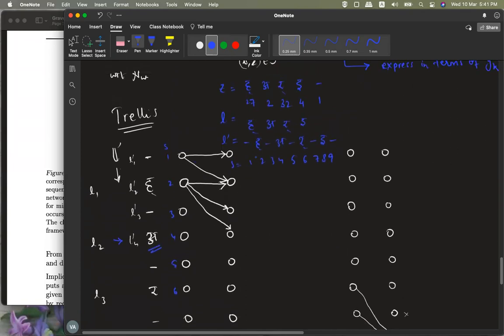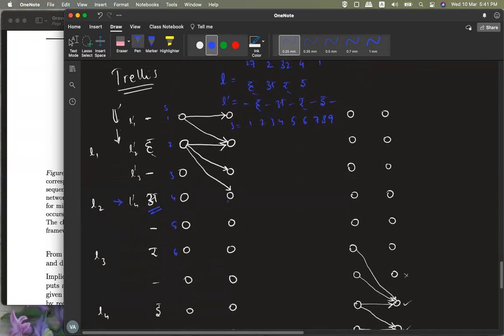What is the meaning of node s comma t? Means I am in the sth state and at the tth time. So if here I have some node, this is s comma t, right? My s value is some s and t value is some t, or you can say s1, t1, whatever.